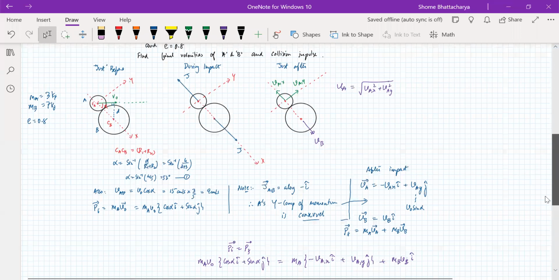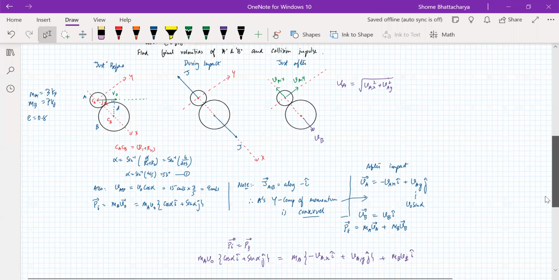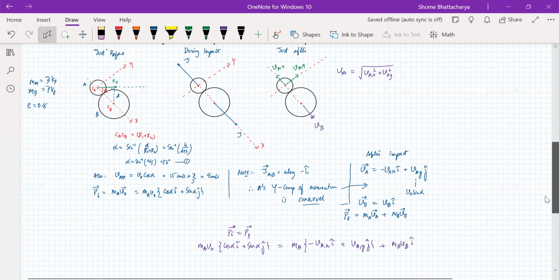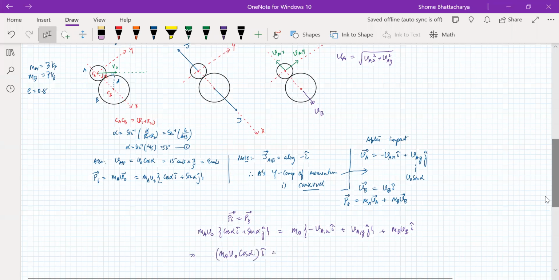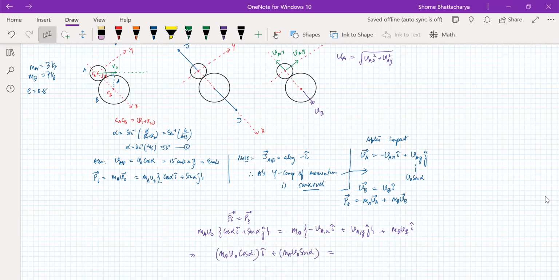The x component on this side is mA V naught cos alpha. The y component on this side is mA V naught sine alpha. On the other side, the x component is mB VB minus A's x component of momentum.